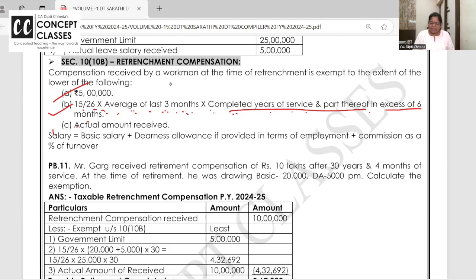Government limit for retrenchment is 5 lakhs, for gratuity 20 lakhs, for leave salary 25 lakhs, for pension no limit. There is no government limit in pension.